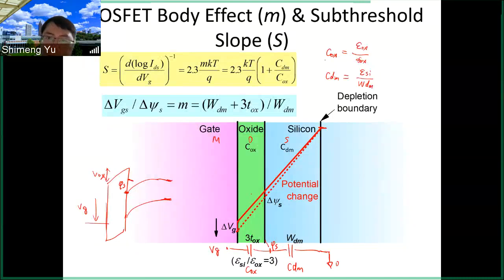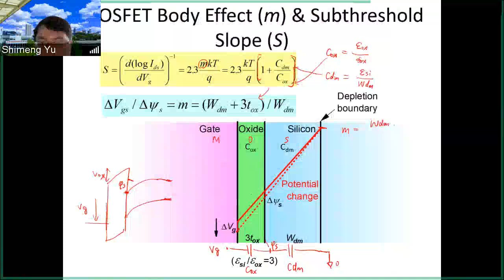And then if you replace the terms into this equation, and you know M is this one, then you will get this one. And the M is actually WDM plus epsilon silicon over epsilon OX, TOX over WDM.